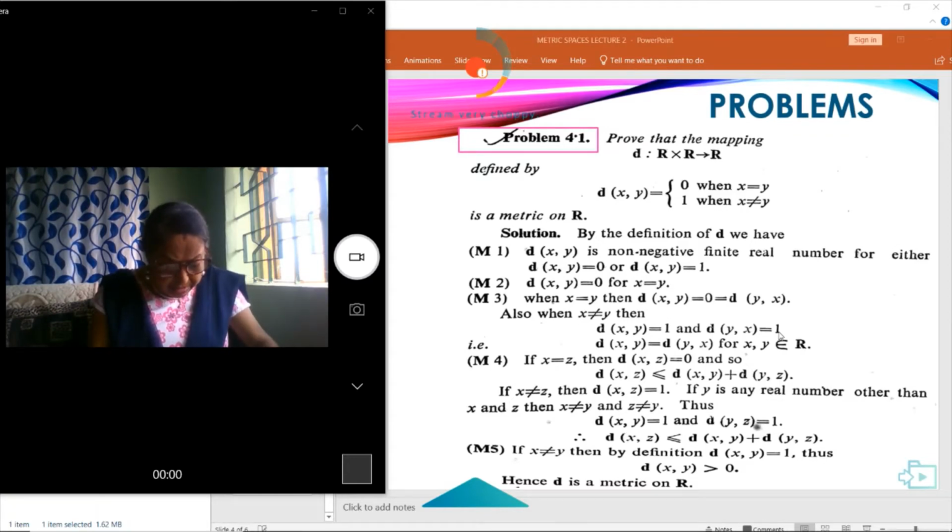Take the fourth postulate. If x is equal to z, then d(x, z) is equal to 0, and so d(x, z) is less than or equal to d(x, y) plus d(y, z).